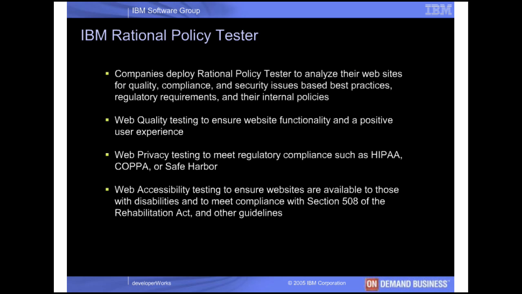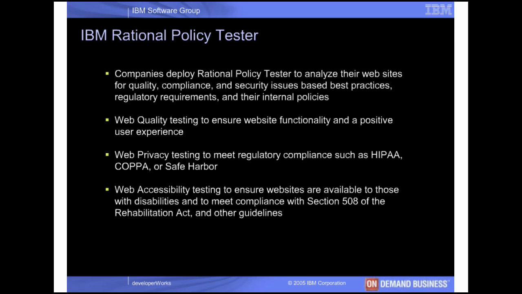There are three main modules within Policy Tester which are independent of each other. The Quality module ensures your web content meets quality standards, functions correctly, and provides a positive user experience. The Privacy module focuses on your data collection practices and whether it meets regulatory requirements such as COPPA, Sarbanes-Oxley, or Safe Harbor, for example.